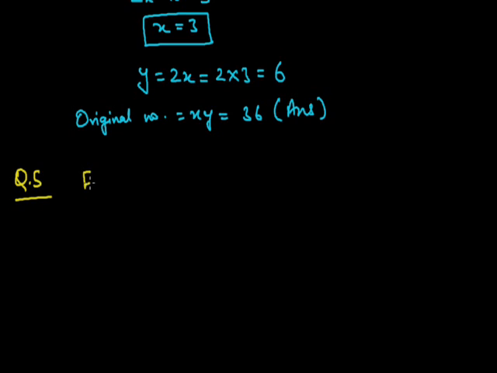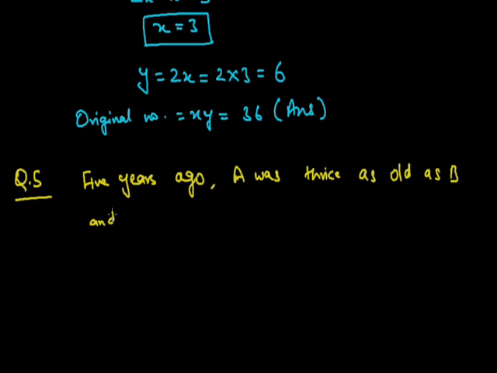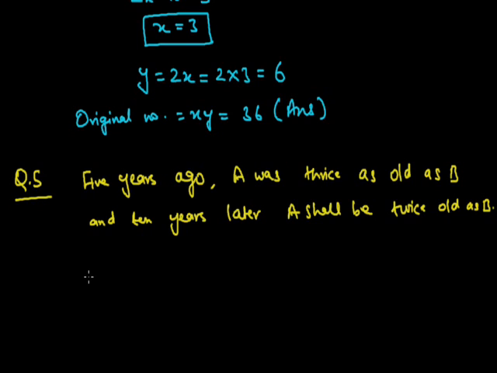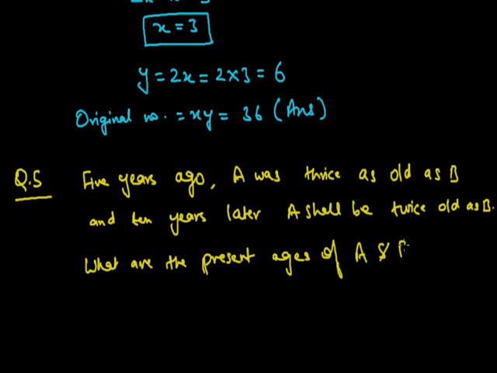Let's first write down the question: 5 years ago A was thrice as old as B, and 10 years later A shall be twice as old as B. So what are the present ages of A and B?